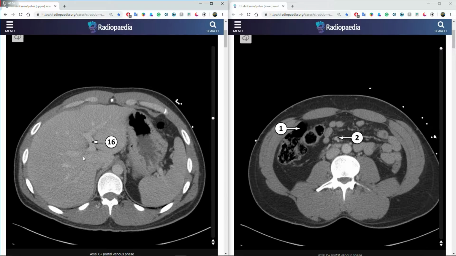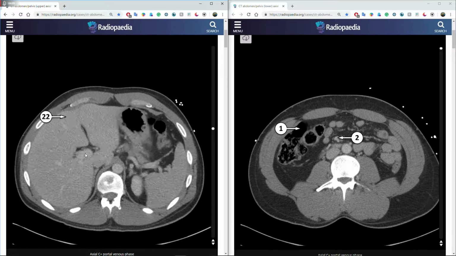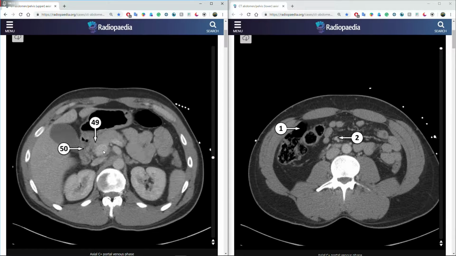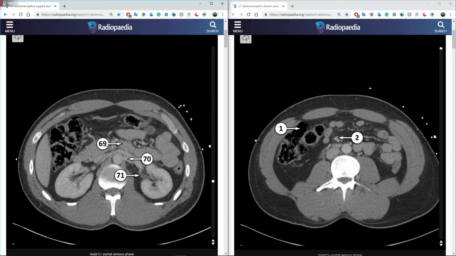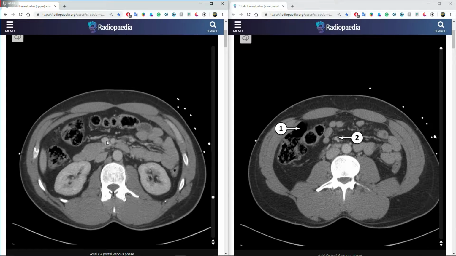Another important structure we know is the hepatic portal vein system. We can see the left and right, with this being the left lobe of the liver and this being the right. The hepatic portal vein, eventually a branch off that is the superior mesenteric vein.